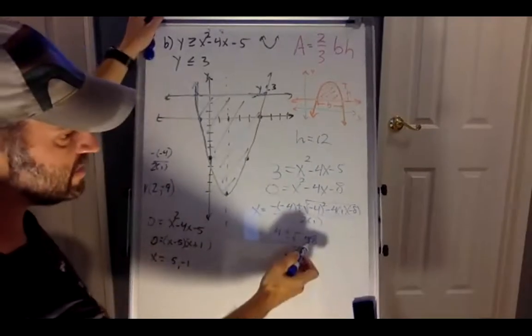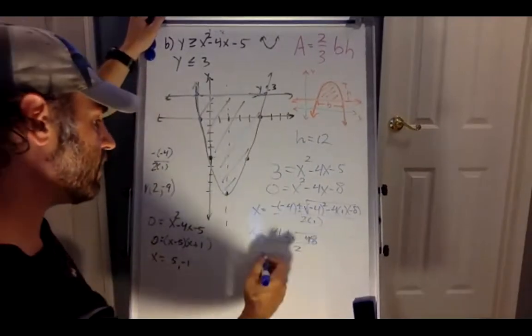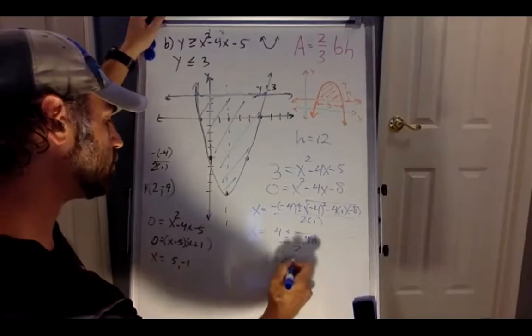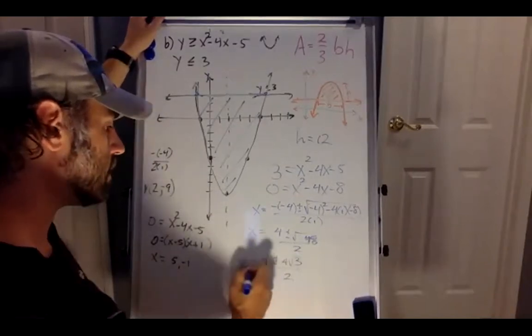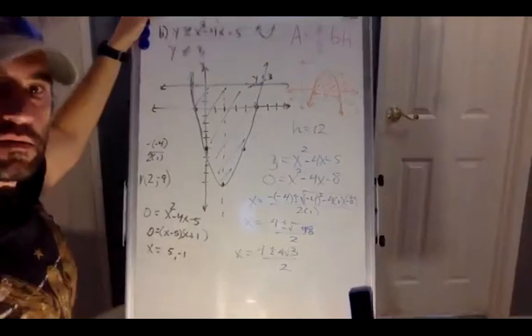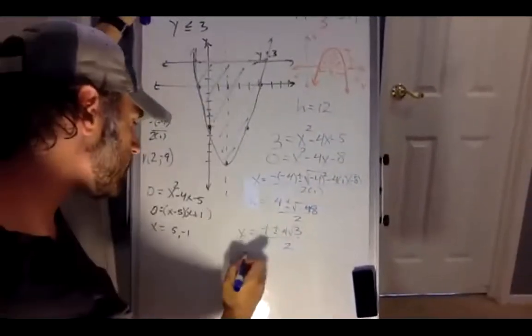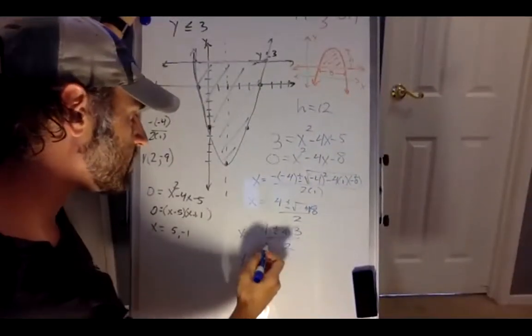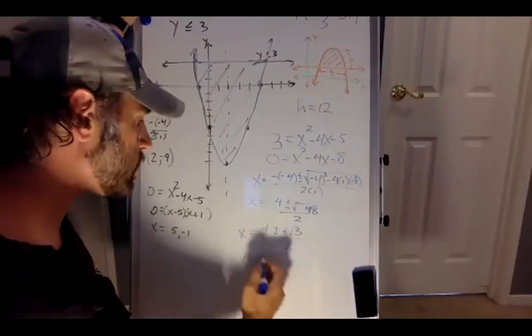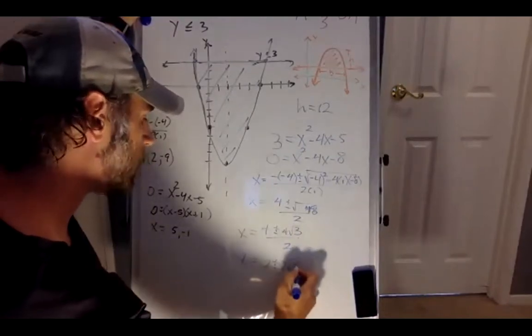Okay, that is 16 times 3, so 4 root 3. 4 plus or minus 4 root 3 over 2. And then finally, so this will be 2 plus or minus 2 root 3.